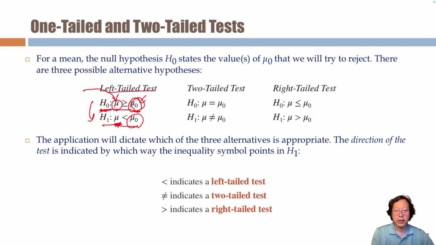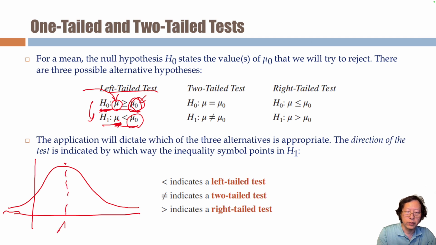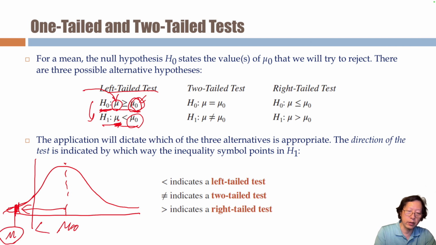This is a left tail test. If this is mu 0, and we find that our mu is located here, significantly far away, then we can say our population mean is smaller than mu 0, the given number.